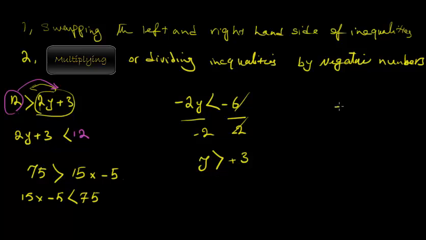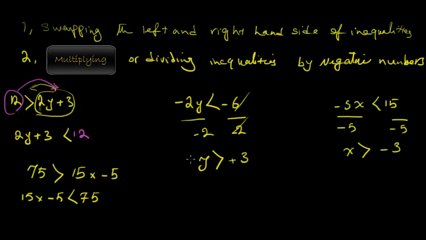Let's say we have -5x less than 15. We divide both sides by -5, and then we'll have x is greater than -3. So whenever we need to multiply or divide the inequality by a negative number, we swap the sign.